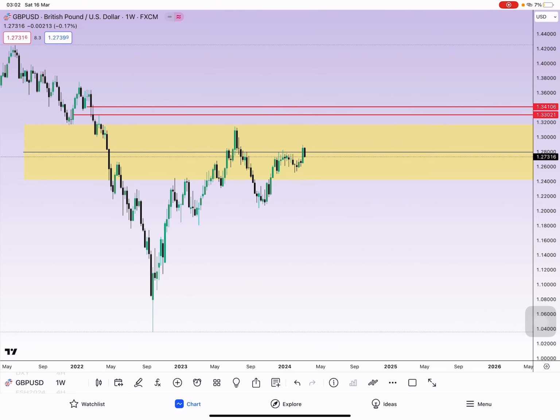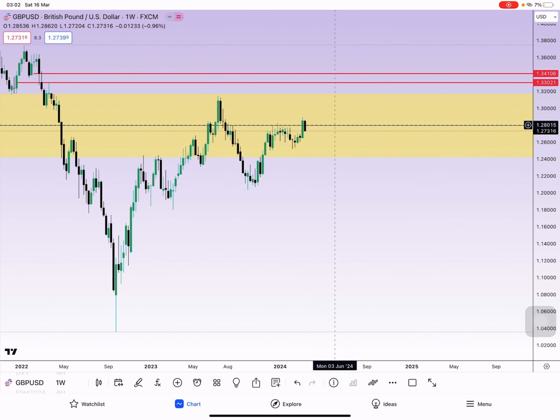For now, I would still say that the price is at this equilibrium level of the 6 months fair value gap, which is a really important point. If we study it on the higher time frame and know the bias for the next months, 3, 4, 6 months, or even the whole year, then it is going to be easier for us to trade live markets or even demo.